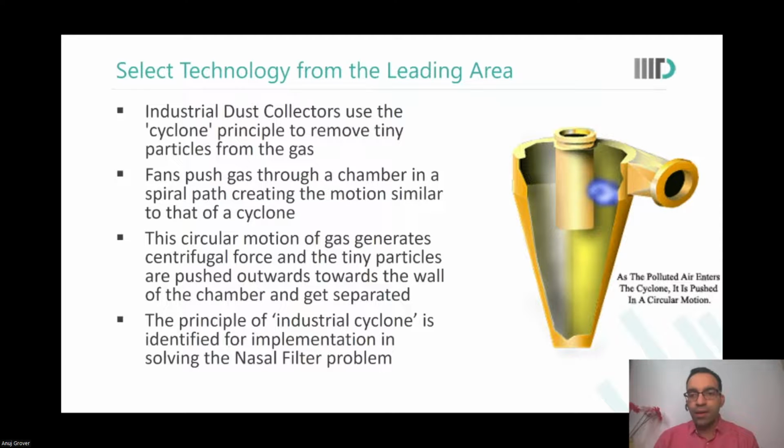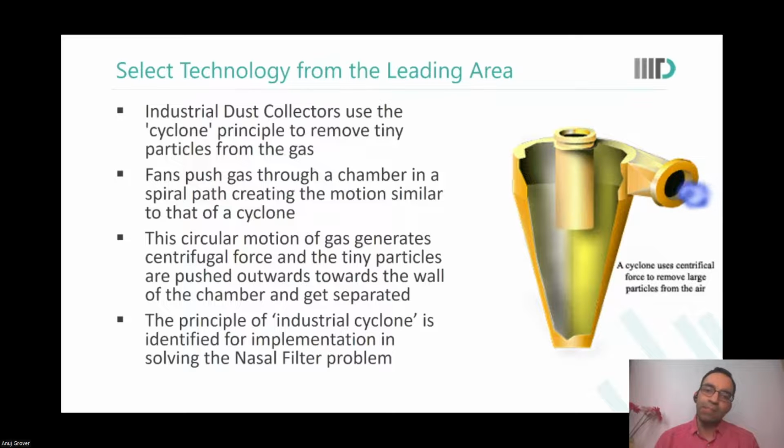And as it moves around the cyclone, the orbit reduces and the speed increases. The particulate matter is not able to move at the same speed as the other gases, and soon the particulate matter hits the wall and falls down. Now the air that you send out is clean.